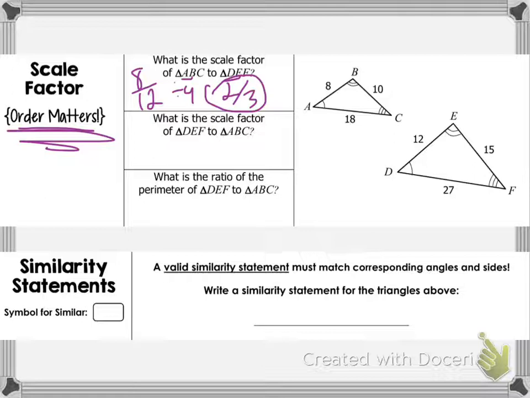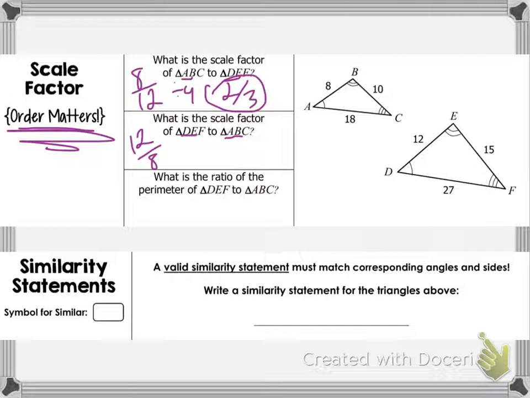Now, they change up the letters a bit over here. Well, actually, they don't change the order, but they do change which triangle comes first. So, in this case, we're looking at triangle DEF first, then triangle ABC. So, once again, the order matters, so look at DE first, which is 12. So we're going to have 12 over, and then AB is 8, like we said earlier. So we have 12 over 8.